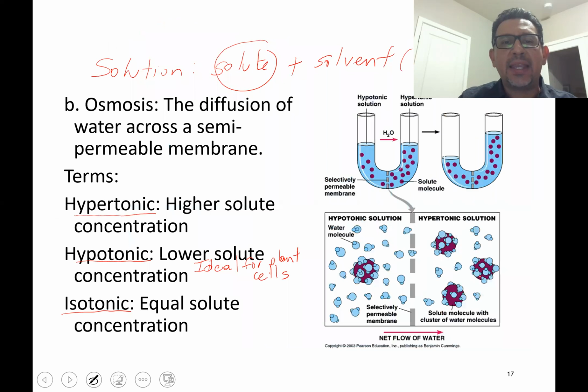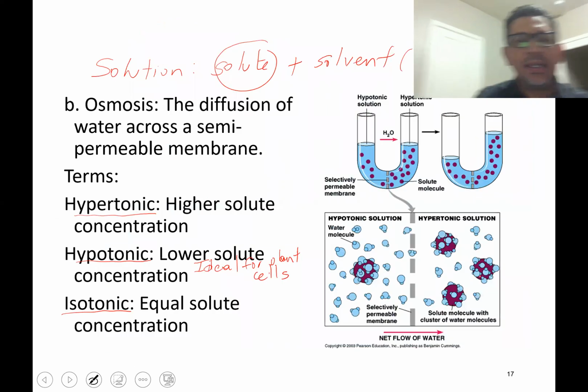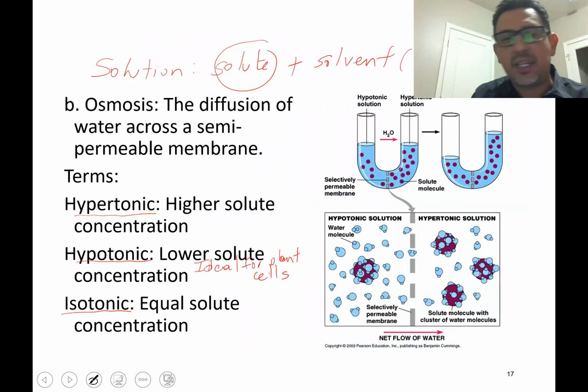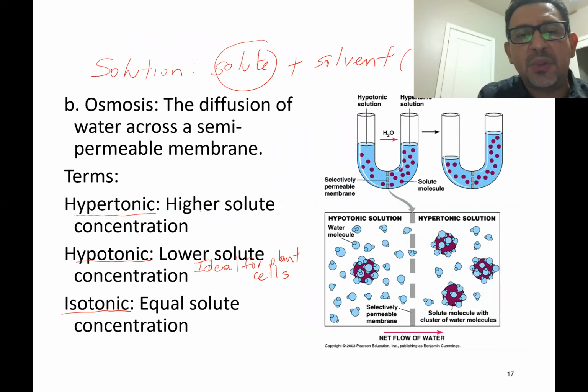So if we go back and take a look at these situations, we have a hypertonic environment. It's detrimental. It's going to be harmful to both plant and animal cells.